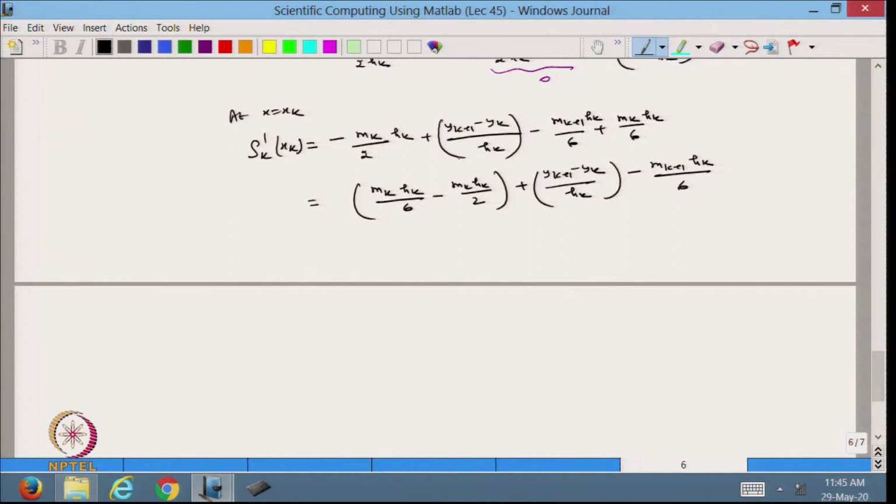So this quantity can be written as minus mk hk by 3. I am taking the LCM.